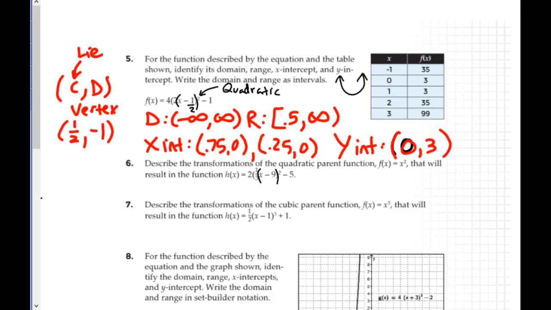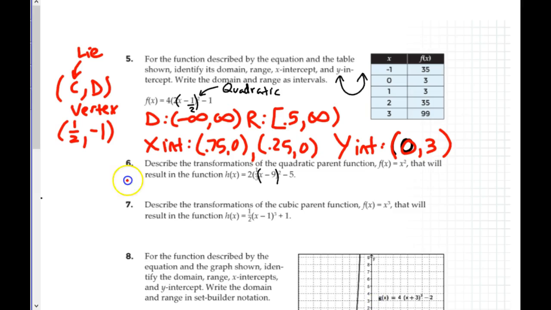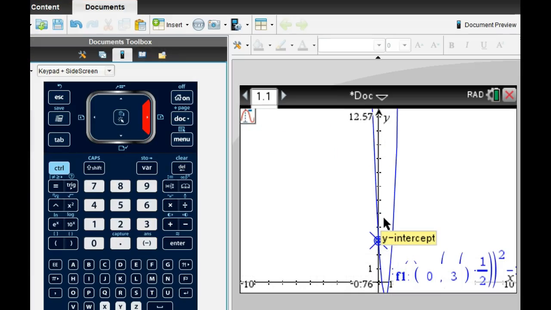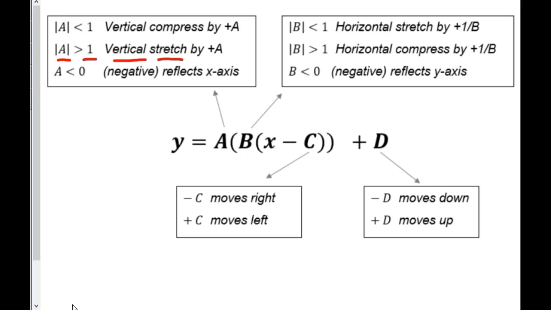So again, out front, a is 2, which is greater than 1. That's a vertical stretch. One-third is my b, right? And it's less than 1, so it's a horizontal stretch.